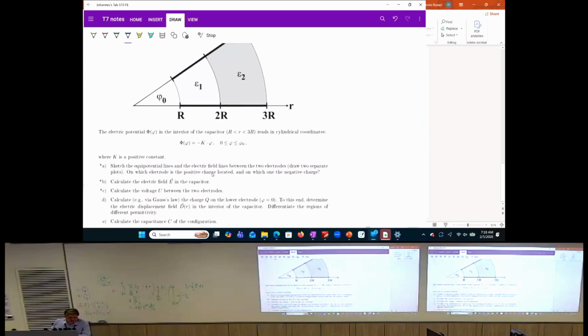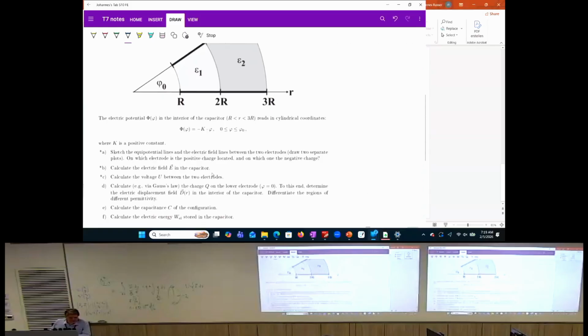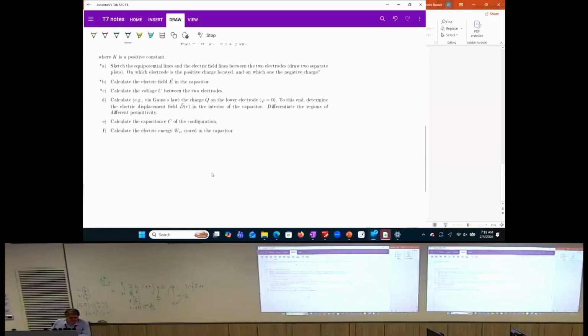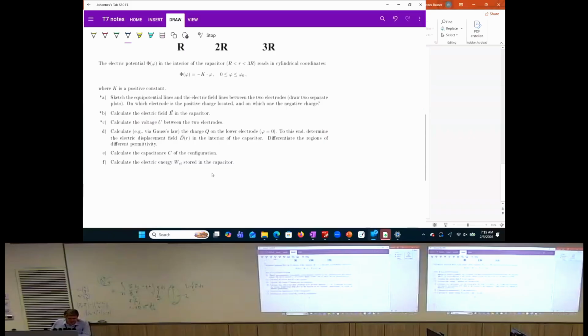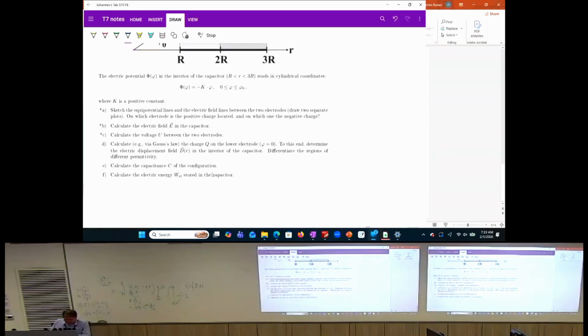So we have these two dielectrics placed between the electrodes. The first one in region 1, which I just mentioned, and the other in the other region. The first has permittivity epsilon 1, and the other has epsilon 2. Now, it gives us the electric potential Phi of phi. This is a capital Phi, and this is a small phi.